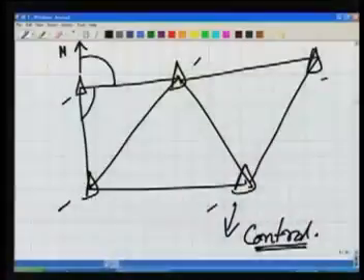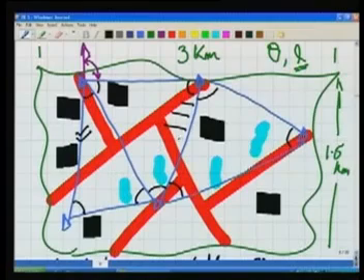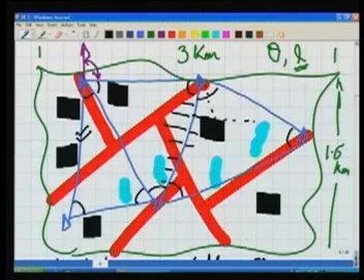Now, in order to make the map, I can go into a small part of this area. For example, let us say here I start measuring the offsets, or maybe even angle measurements. I measure these two angles, I fix this point.